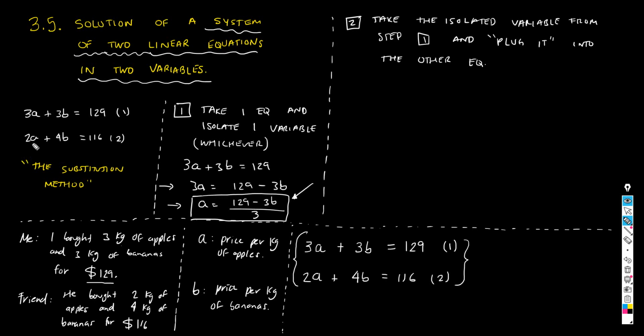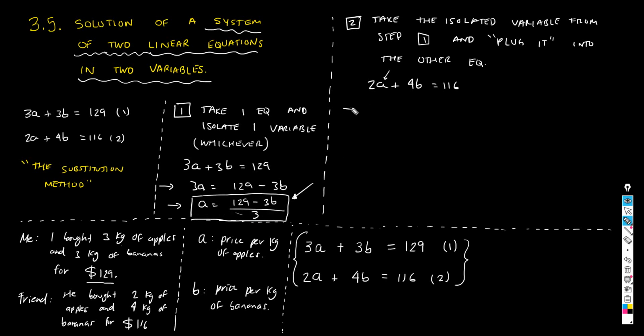If you observe, we have 2a plus 4b equals 116. And let me write that down as it is. You see? And in here, in this a, I'm going to plug this value that I'm circling right now, because that's what a is. A is equal to all of this in terms of b.